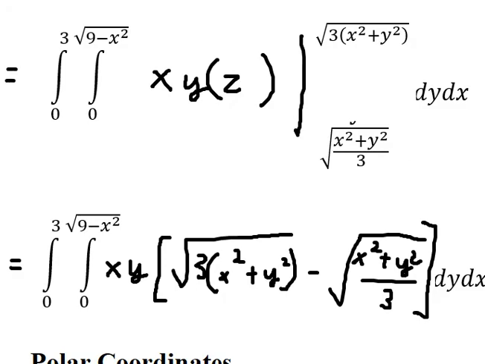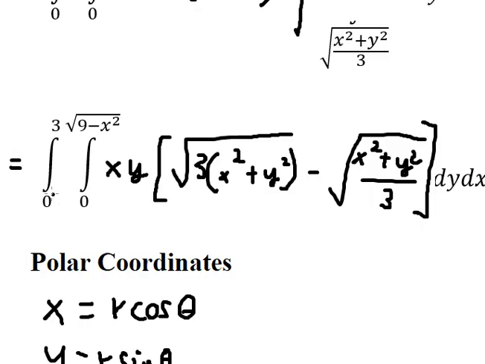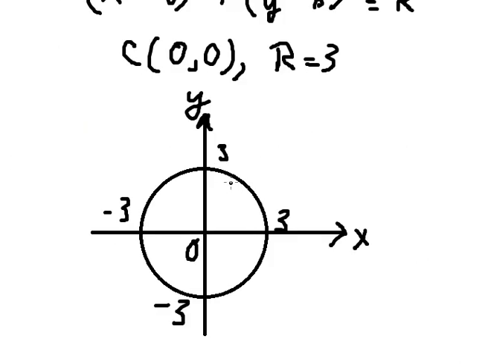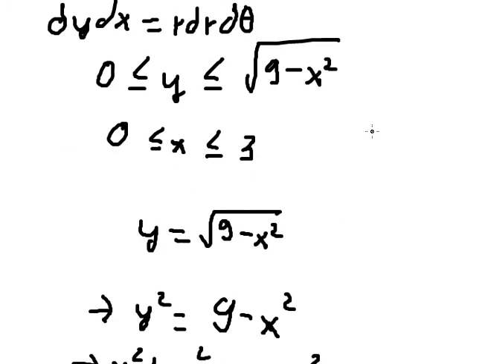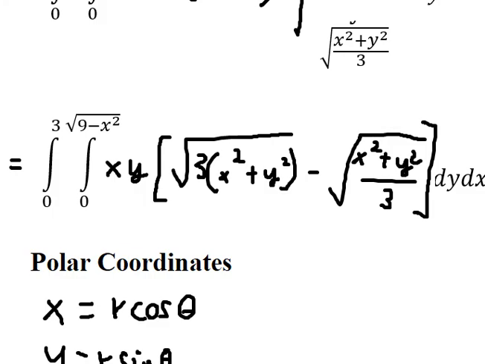And the next one, dx. So we have x is greater than or equal to number 0 and smaller than or equal to number 3. So that should be this one, because we have x in here. So the region of this one, that is in here. Now we need to change this one.